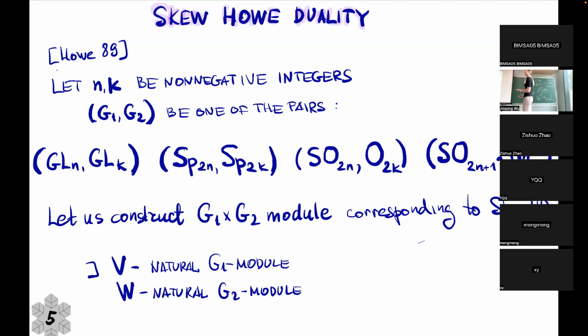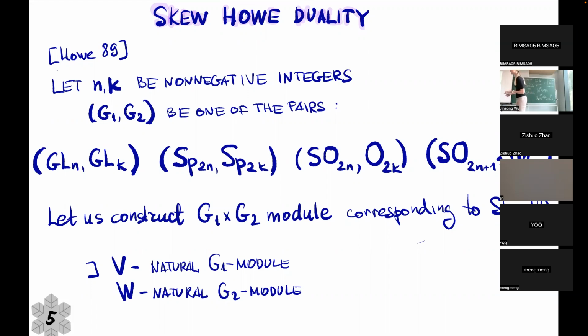Okay, let me say now, maybe you have already guessed, since it's called the Skew Howe duality, it has to do with something different from the symmetric algebra, because we already have the usual Howe duality, which is connected to the symmetric space. But now, what about the exterior algebra? Yes, this Skew Howe duality is exactly about this case.